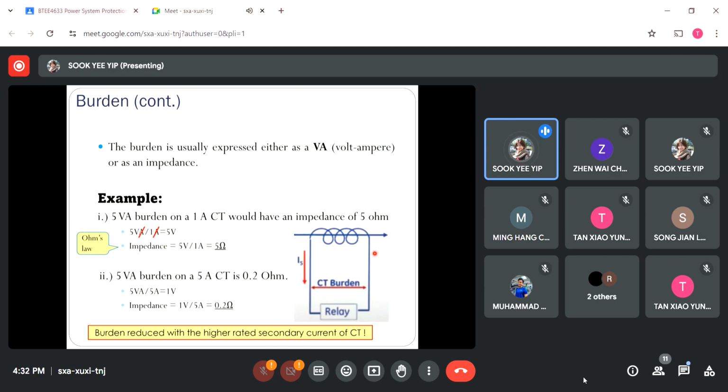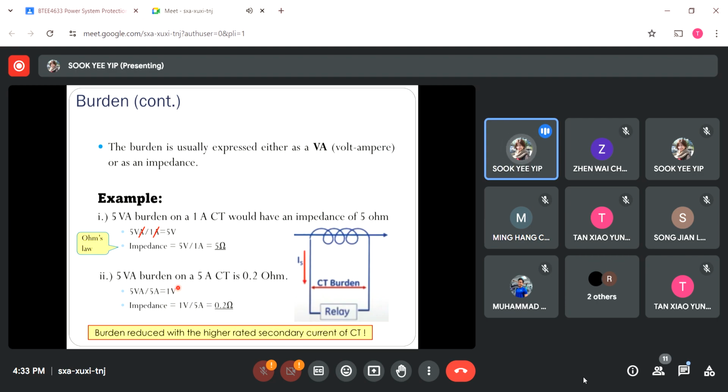So how can we get this using the same way? Whenever we have this current transformer being used, this time the secondary current flow is 5 amp, standardized at 5 amp. We know that this relay gives us the burden in terms of apparent power of 5 watt amperes, right? So P is equal to VI actually. You can find the voltage drop across this relay by dividing the power by the secondary current flow.